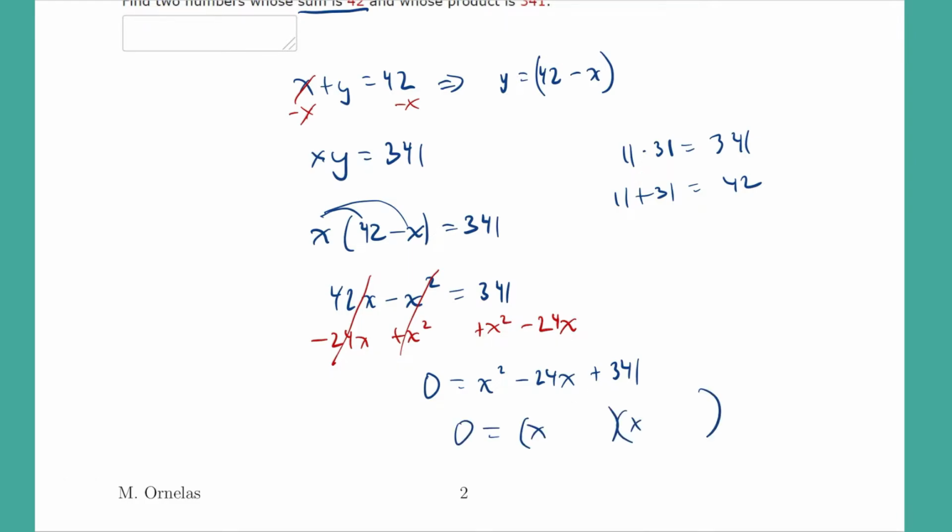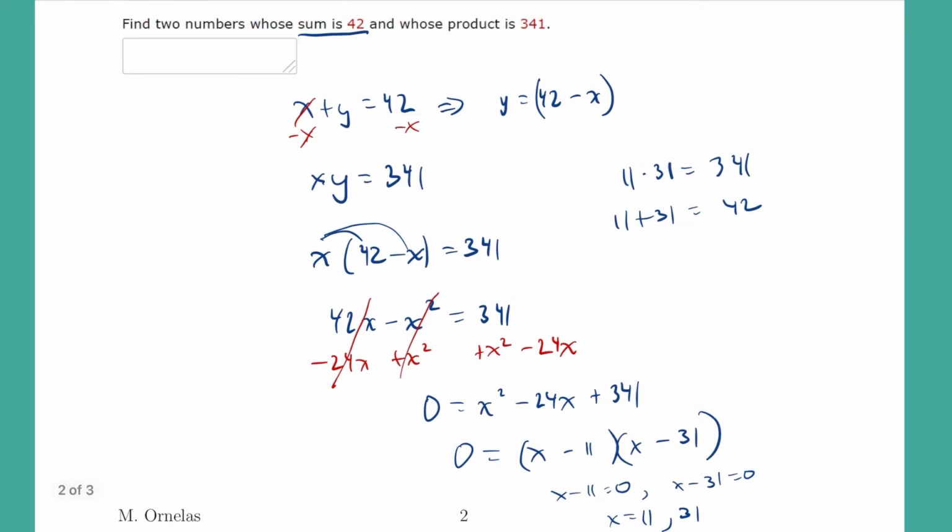It's going to be negative 11 times negative 31, and that's going to make positive 341. So now if you set each of these equal to 0 and solve, you're going to get 11 and 31. All right, so that is our final answer, 11 and 31.